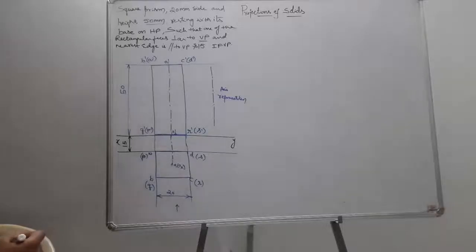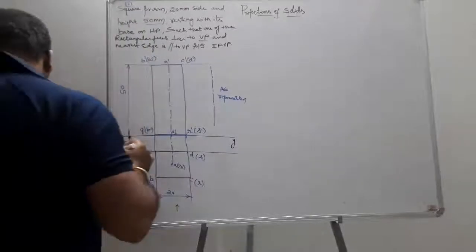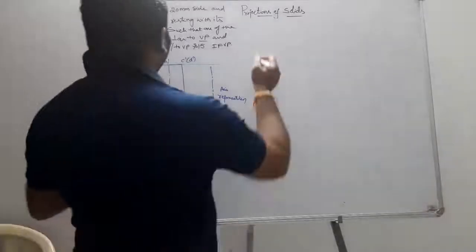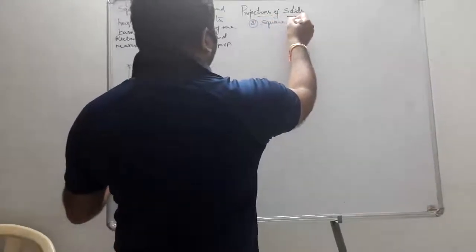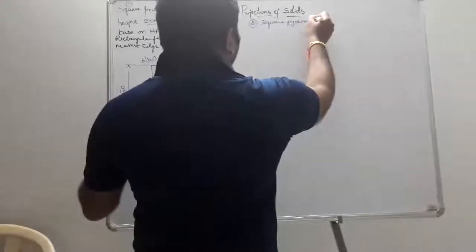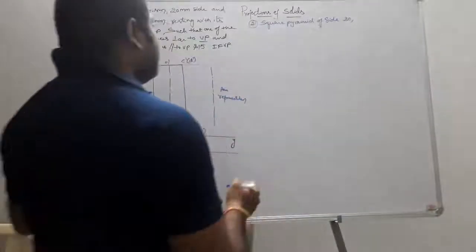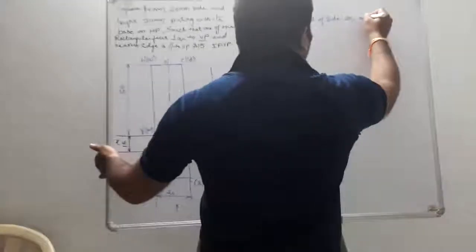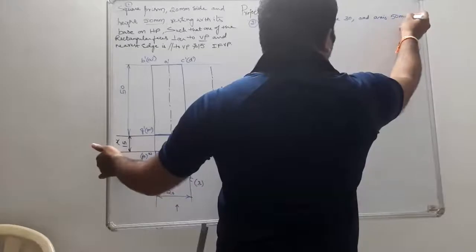Now let us see another simple problem. A square pyramid of side 30 mm and axis 50 mm.